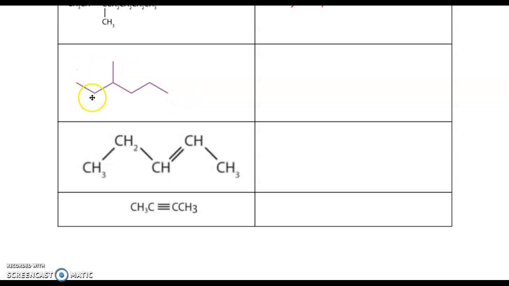Six if you start from this end. And then let's see where our alkyl group is. This would be our methyl group that is attached to 1, 2, 3, the third carbon, right? So let's write it just as a possibility: 3-methyl, and 6 is hexane. The ending is -ane because it's an alkane, right?